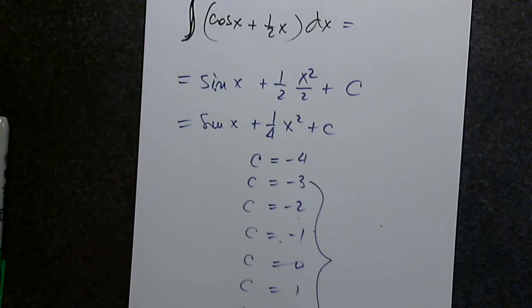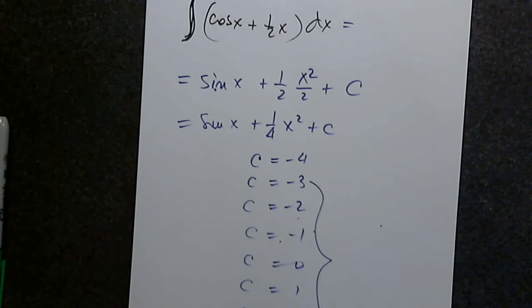So y equals sine x, close the parenthesis, and then plus 0.25 x squared. And we said we start at -3. Okay. The next one. Same thing. Sine x plus 0.25 x squared and -2.